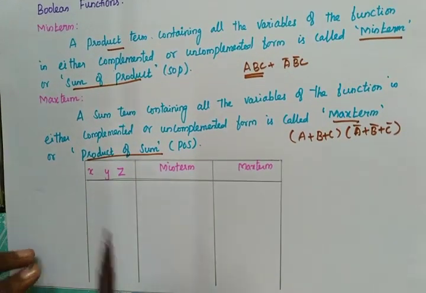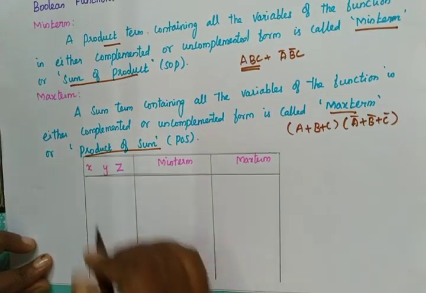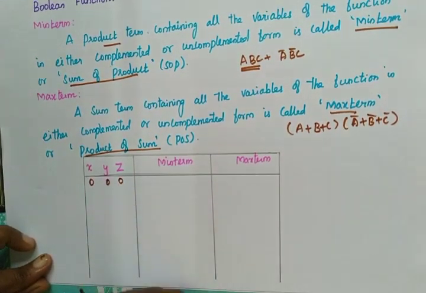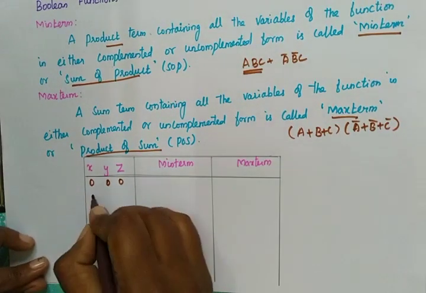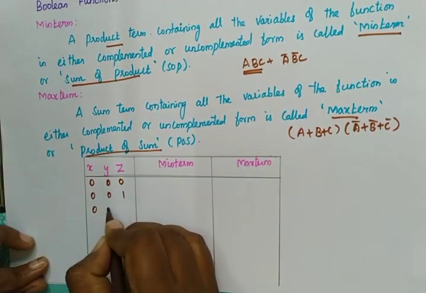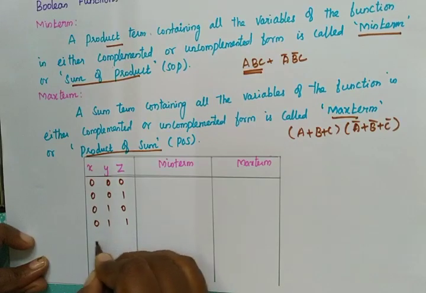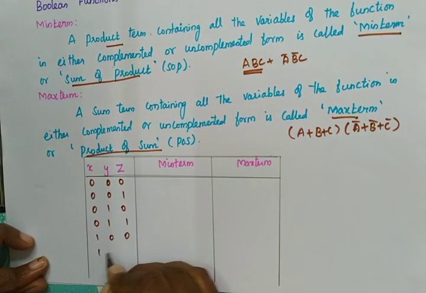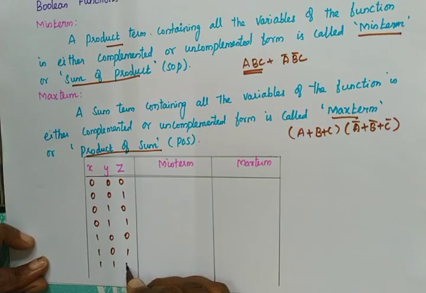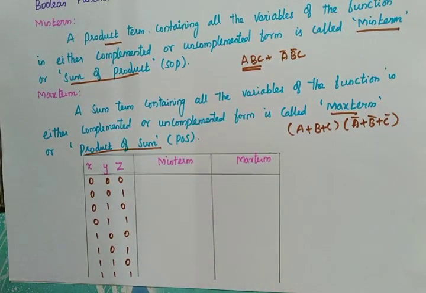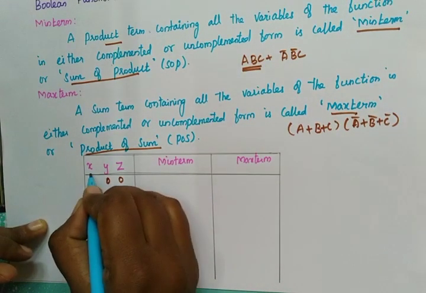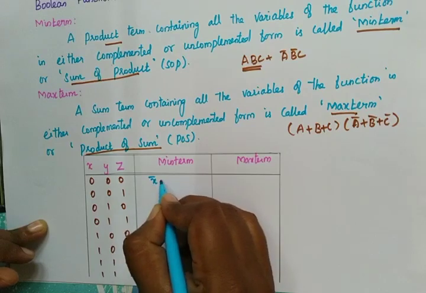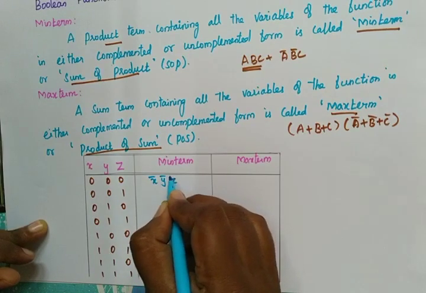Just listen. Here we have three variables, starting from 0 up to 7 when we convert this into decimal form. So 0, 1, 2, 3, 4, 5, 6, 7. We know how to write this. Now how can we express this in terms of min term? If we are using variables x, y, z, then we have to represent this as x bar, y bar, z bar.